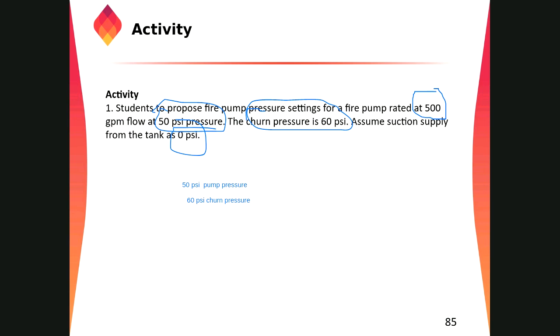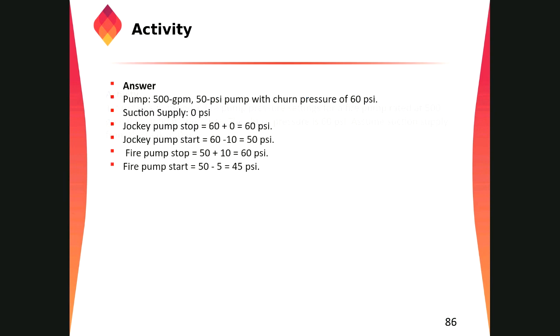Now you have to do the pump setting in the control. I'll go directly to the solution. The answer to the question is that the pump pressure is 50 psi rating of the pump, and the churn pressure is 60 psi.